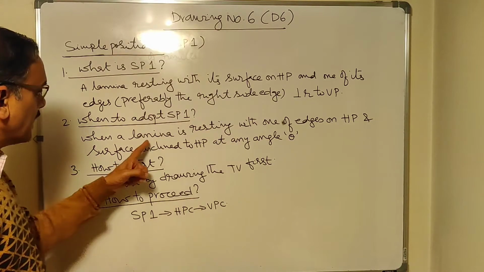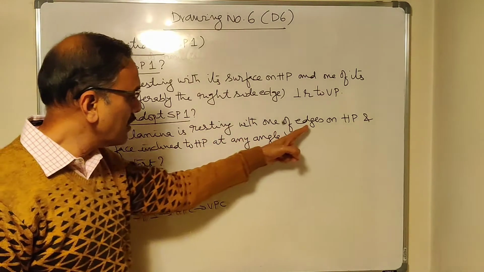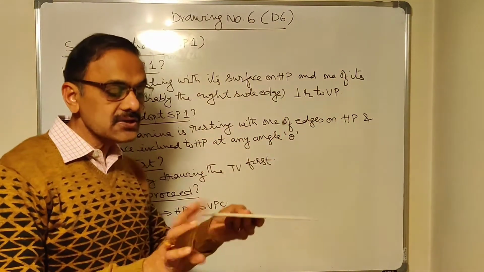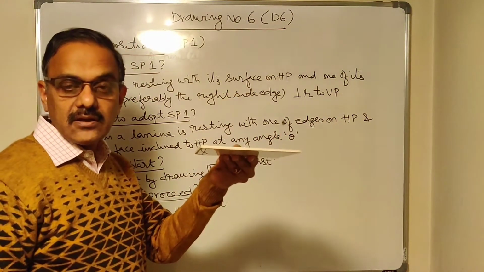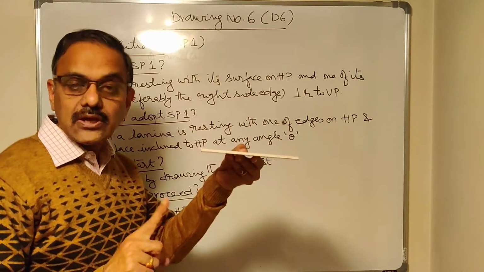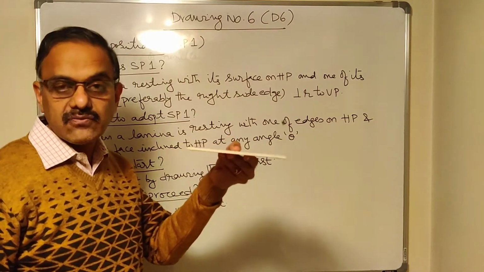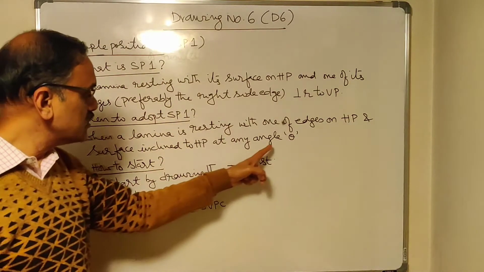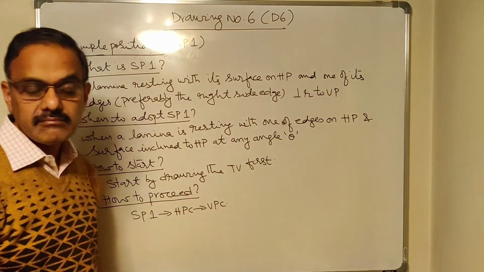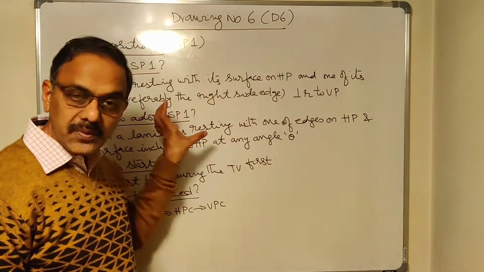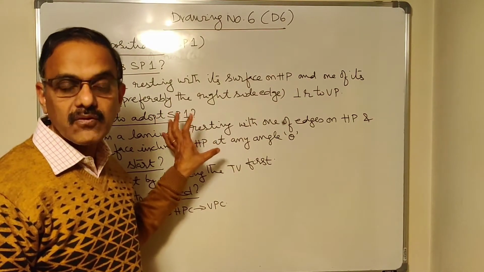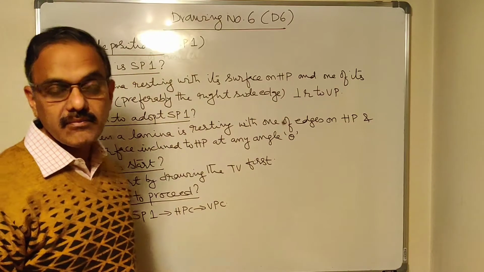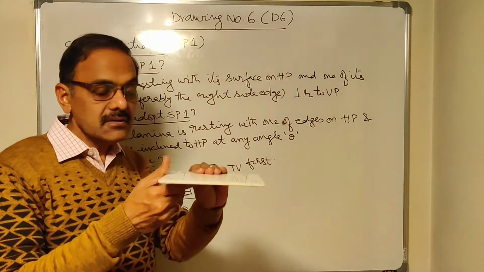What is that? When a lamina is resting with one of the edges on HP. It has 4 edges. One of the edges must be resting on HP, that is one condition, and the surface inclined to HP at an angle theta. This should be the condition given in the problem for you to adopt SP1. What is the condition?